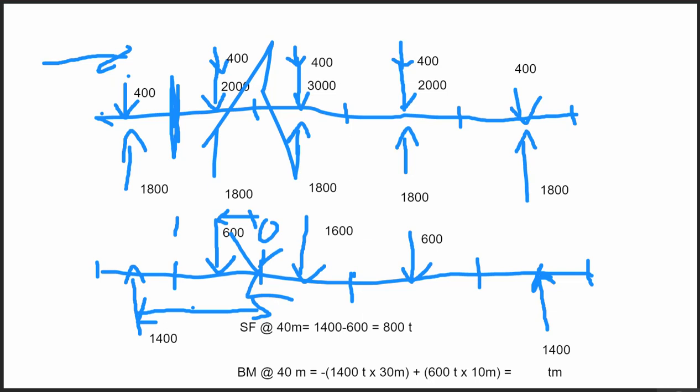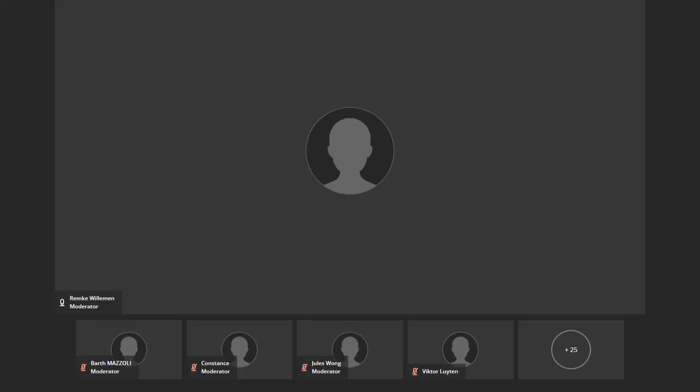Gillian, you found your problem in your calculation? Yes? Okay, super. So if I go back now to the presentation, then you will find the solution, I guess. I think I gave the solution in the presentation somewhere.